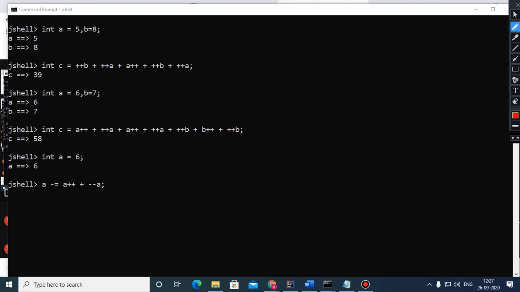So children, in such type of questions, you have to just form one expression, that is, A minus equals, so just write 6 minus and then bracket, and this expression will come in brackets. So it is A plus plus plus minus minus A. So what you will write here, it is 6 minus, when control reaches here, it is 6 only.